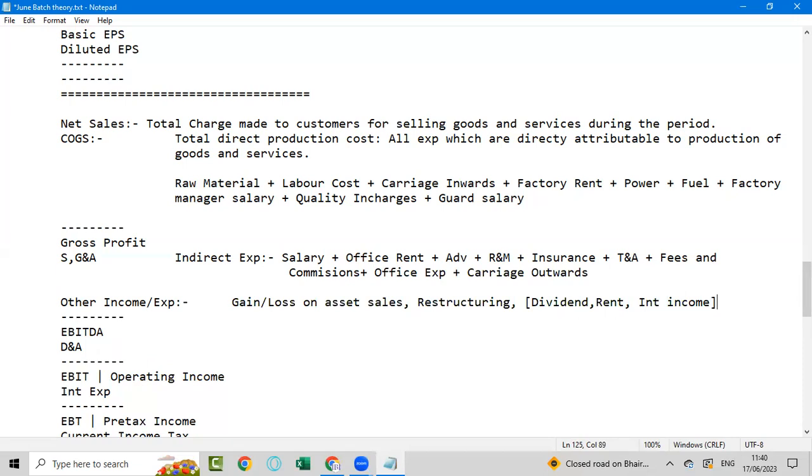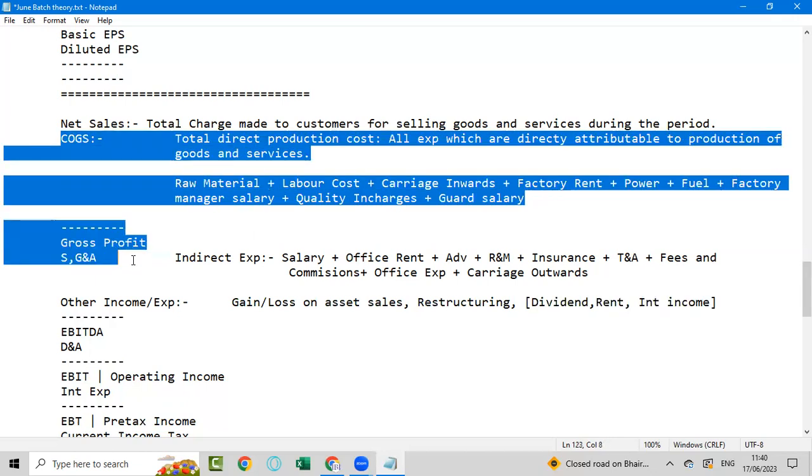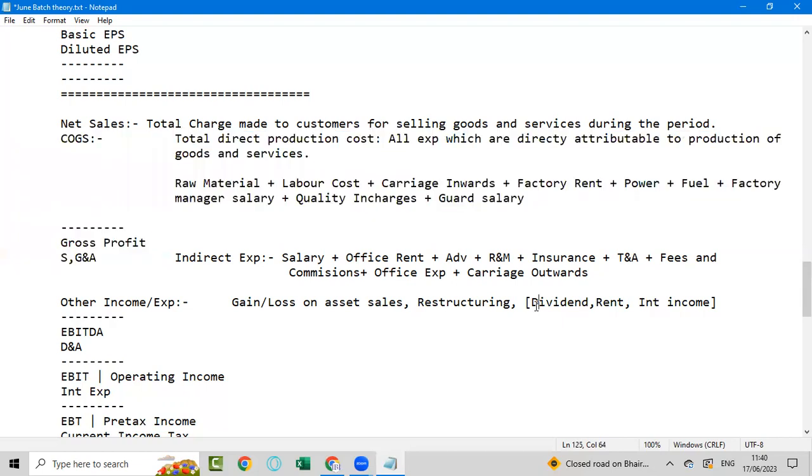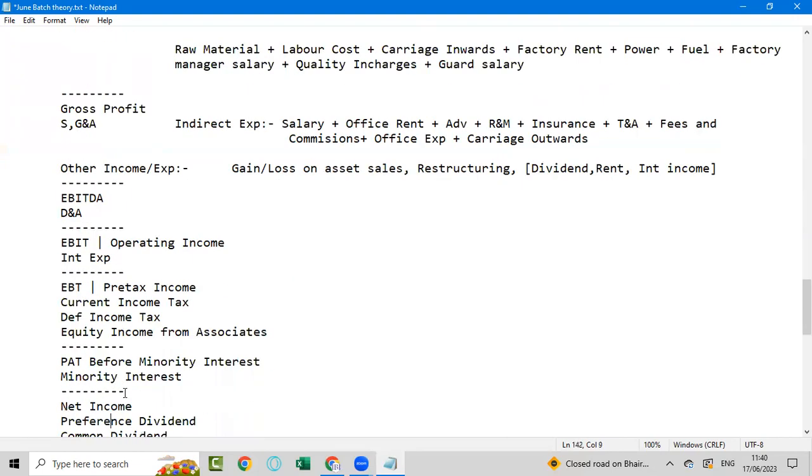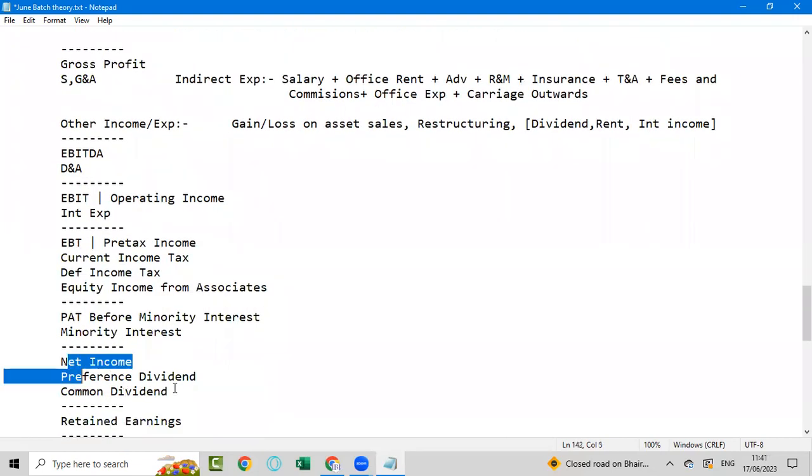You can put them here. Clear? But these are your incomes which you can put here. If they are expenses, then you know the place. If it is rent, it can go either in COGS or in SG&A. If it is dividend outflow, then you will put it after profit. And if it is interest expense, then you will show it below EBIT. Right? Next is depreciation and amortization.